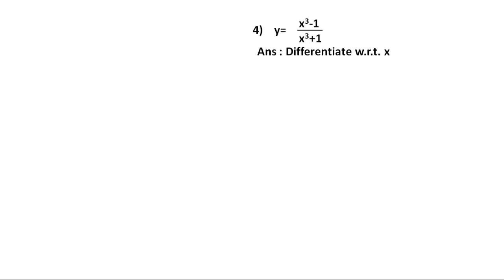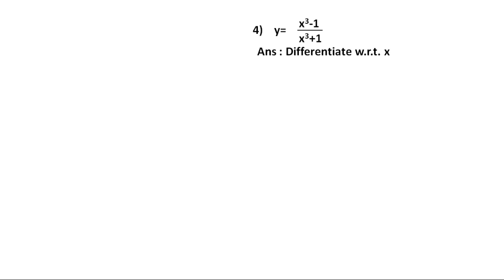Now first we see y is equal to x raised to 3 minus 1 divided by x raised to 3 plus 1. Therefore this is a function in the form what? u upon v. Therefore we use y is equal to u divided by v.